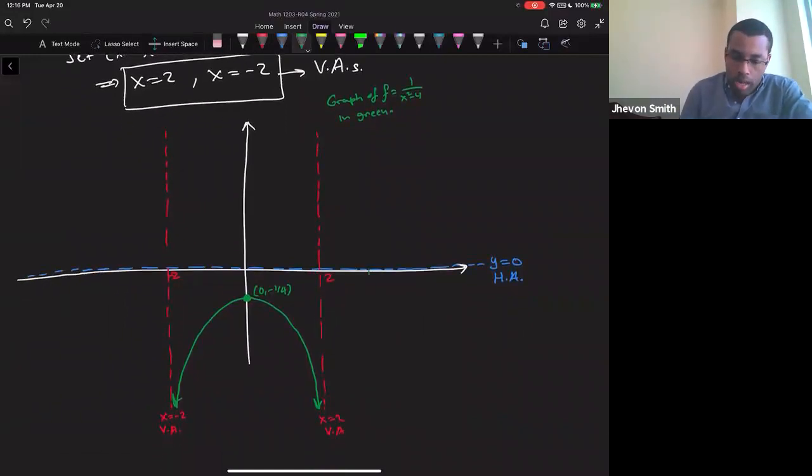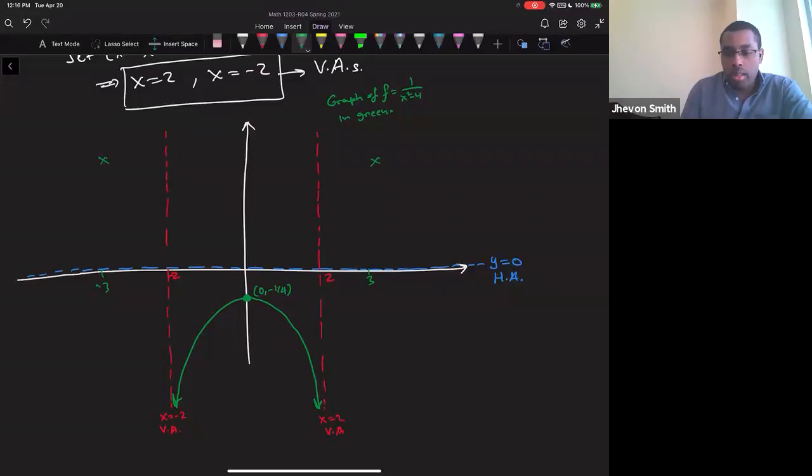Say plug in 3. You'll notice you would get 1 over 3 squared minus 4, which is a positive number. So the graph should be up here somewhere. Similarly, if you plug in minus 3, you actually will get the same number because you're squaring it. So you know the graph is up here.